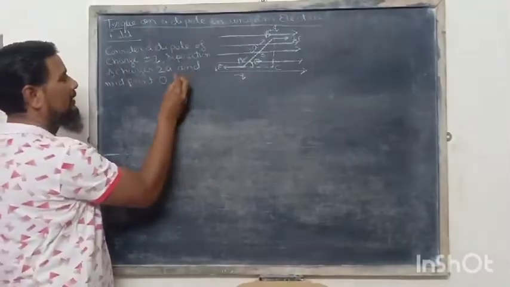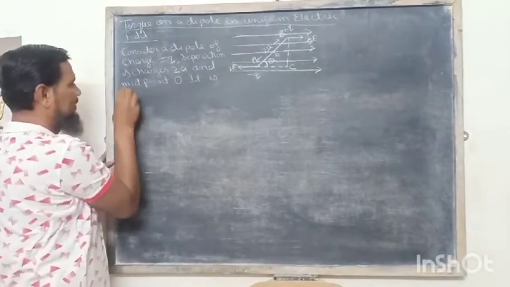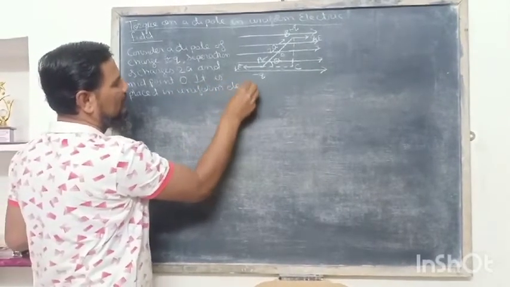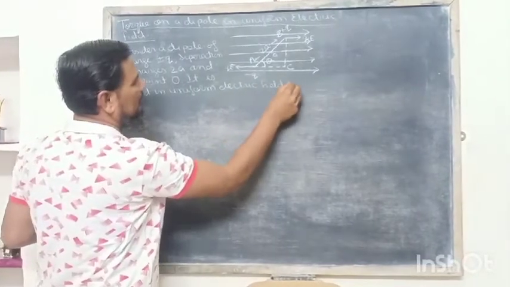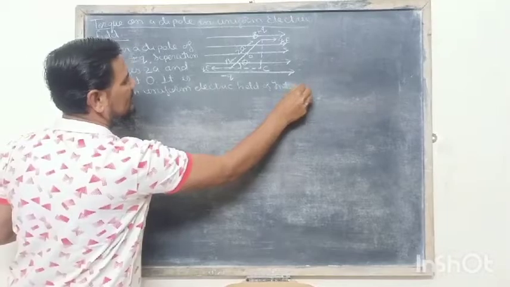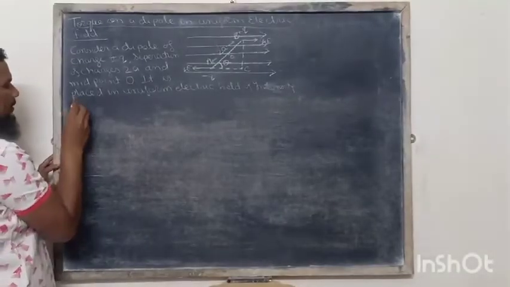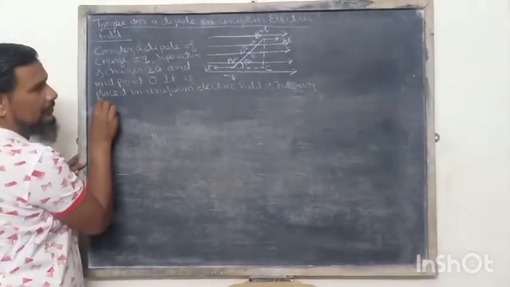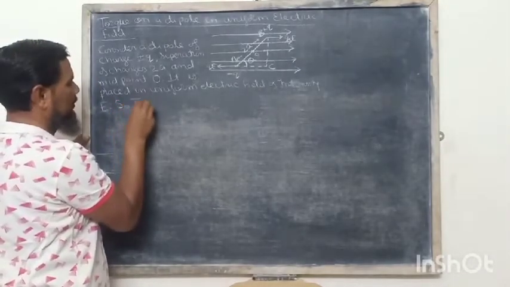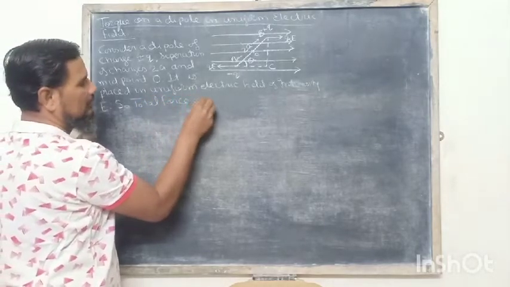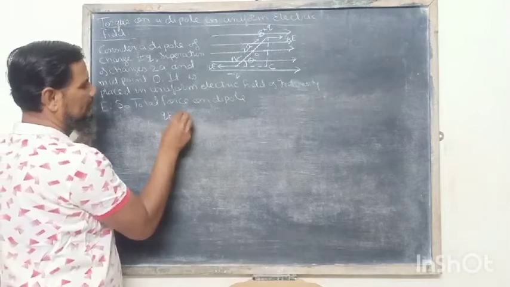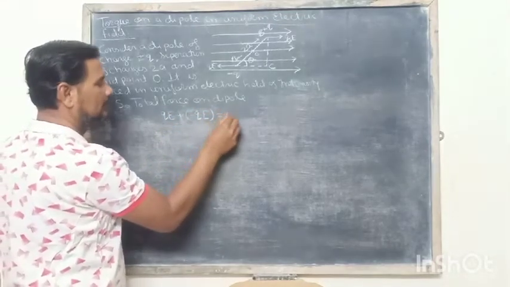It is placed in a uniform electric field of intensity E. So the total force on the dipole is QE plus minus QE, which is equal to 0.